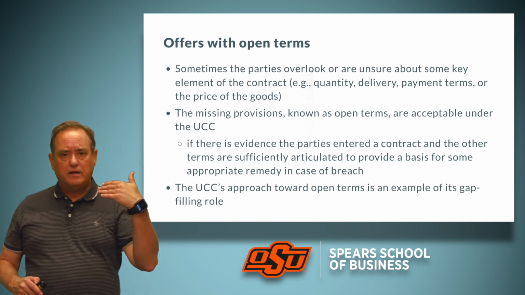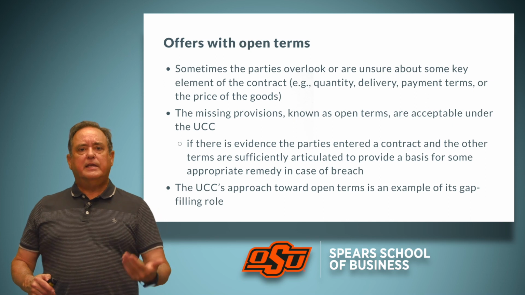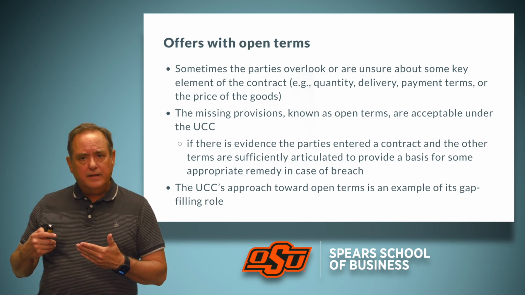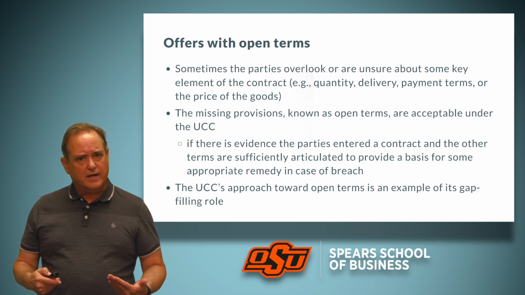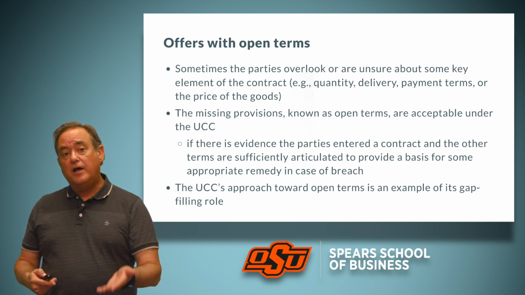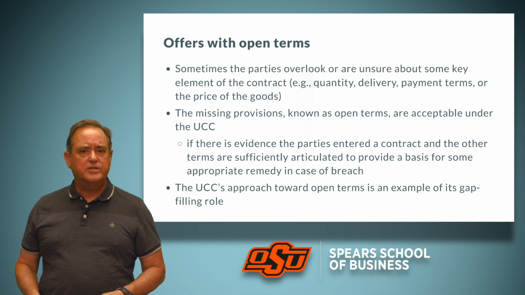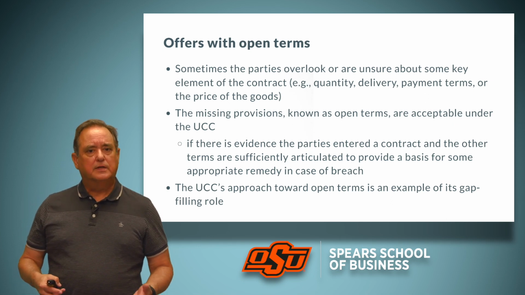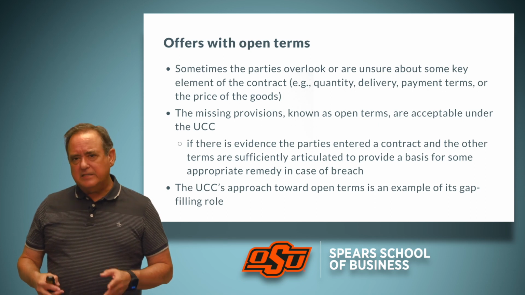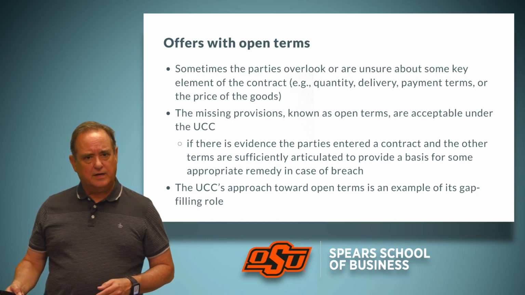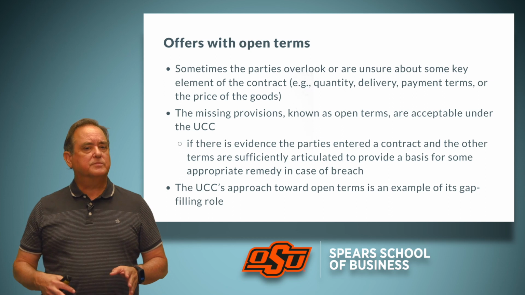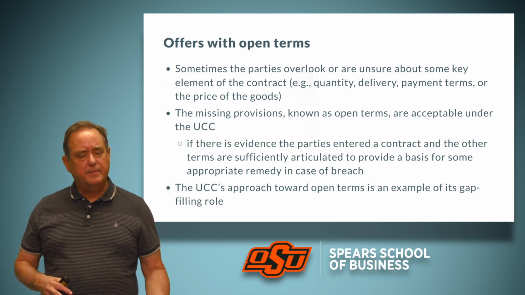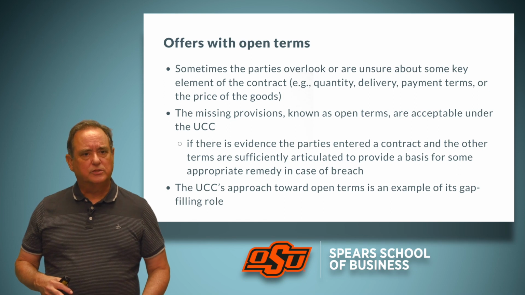And in a common law contract, if those factors are missing from the offer, then there's not going to be a contract. However, under the UCC, these missing provisions, what we call open terms, are acceptable. If there is evidence that the parties entered into a contract and there are other terms that are sufficiently articulated to provide a basis for a remedy in case of a breach.